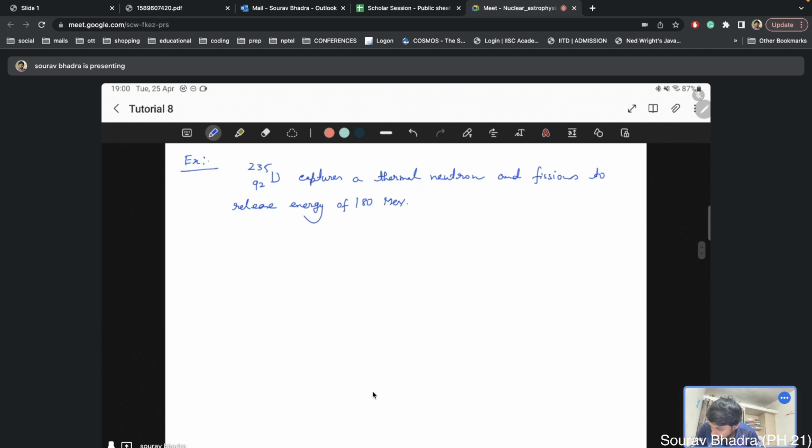Now it is telling that the mass numbers of the fragments created due to the fission are 140 and 93. Calculate the kinetic energy, I am writing it as Ke, of the lighter fragment.